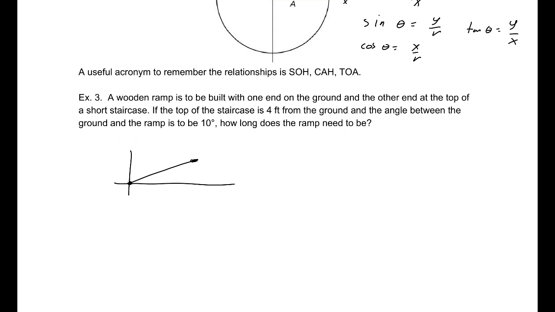If the top is 4 feet from the ground, and the angle is 10 degrees, how long does the ramp need to be? That would be this distance here, which I'm going to label as H, in keeping with that acronym.